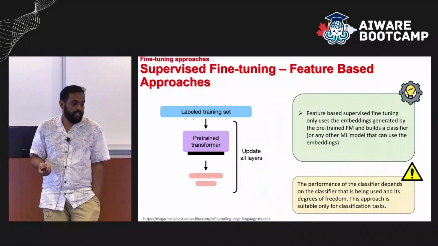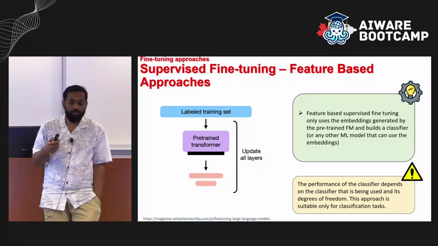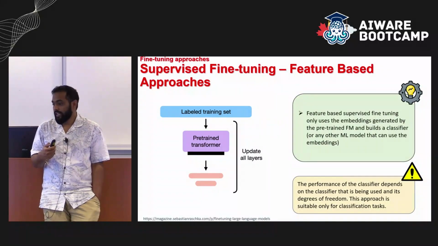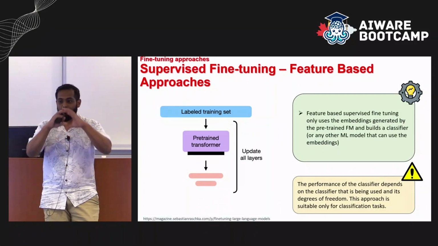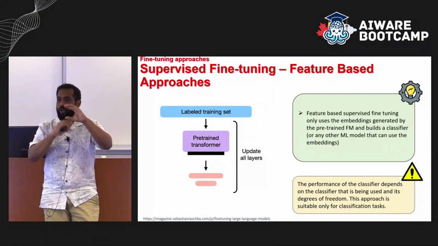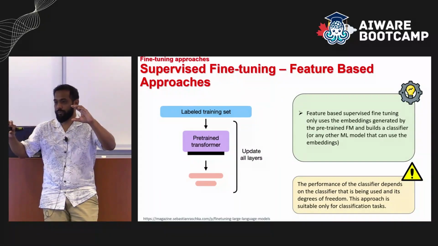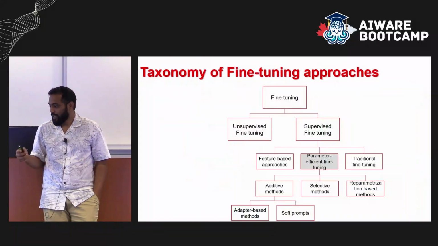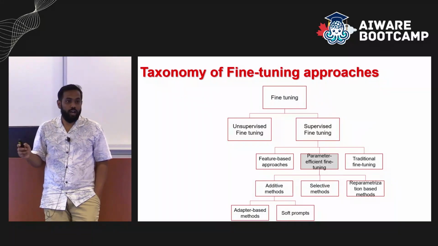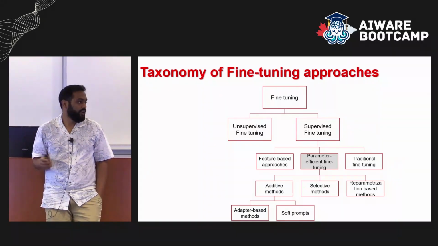Another technique, a feature-based supervised fine-tuning technique, is from the older days of neural networks, where you freeze the whole model, just add one layer on the bottom and train the model. But all of these are once again very costly.